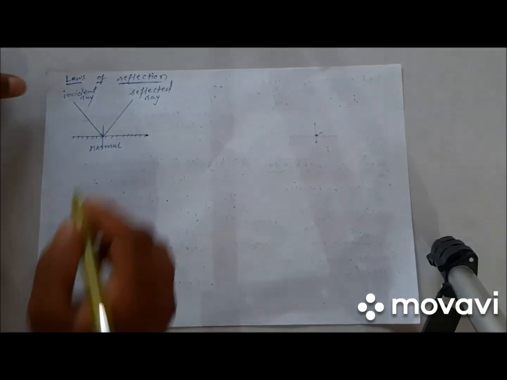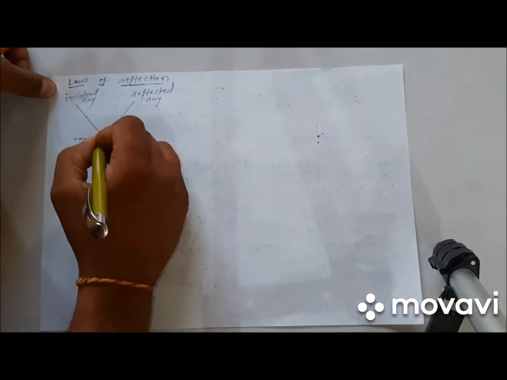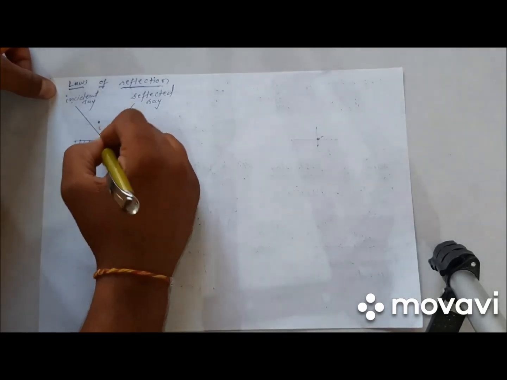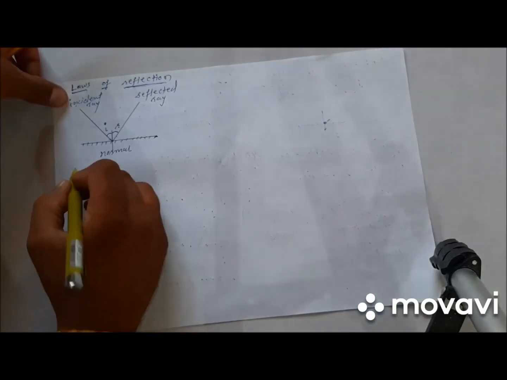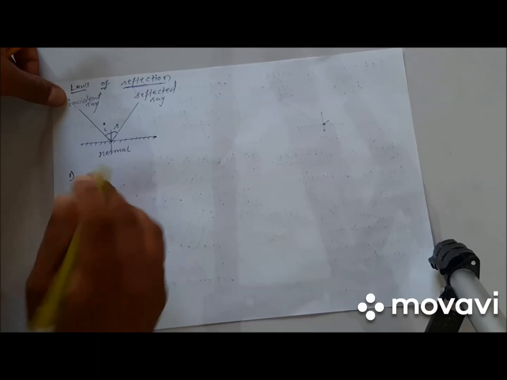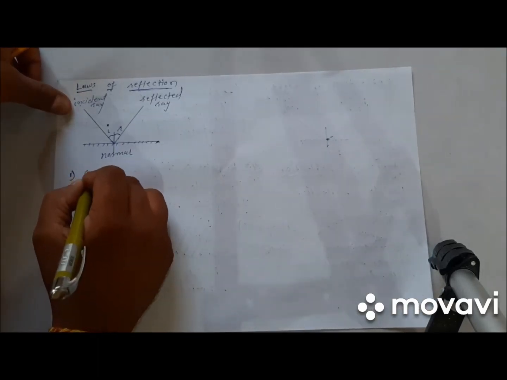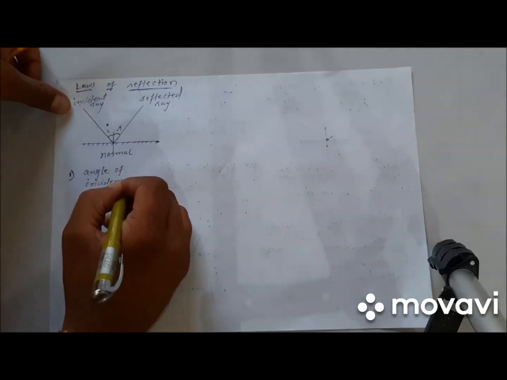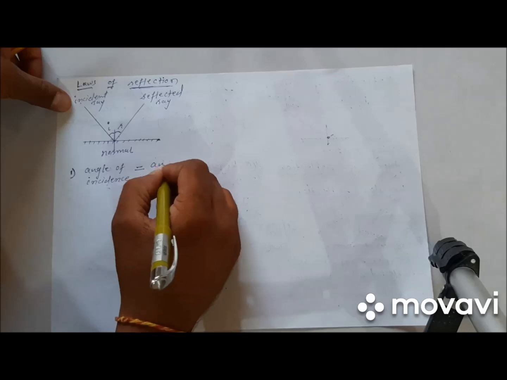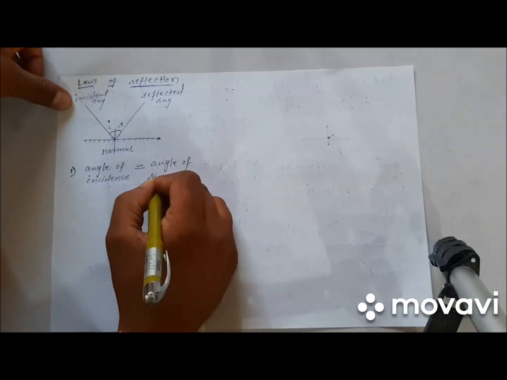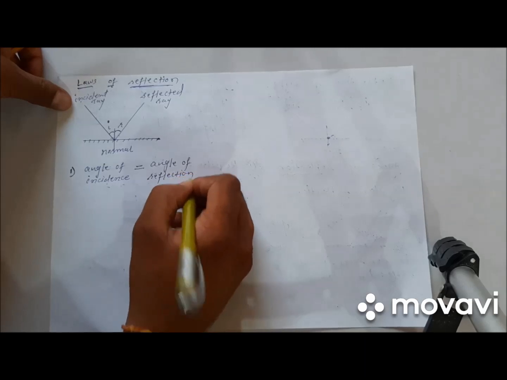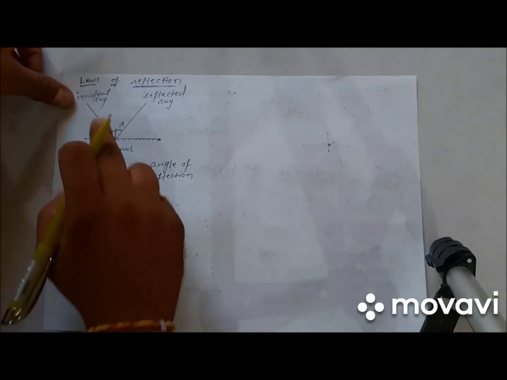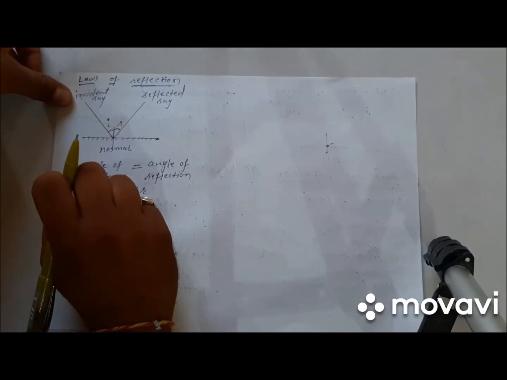As we understood in this figure, the angle between the incident ray and the normal is angle I, and the angle between the normal and the reflected ray is angle R. So the first law of reflection is that the angle of incidence is always equal to the angle of reflection. Angle I is always equal to angle R. Suppose this angle is 30, then this angle will also be 30.